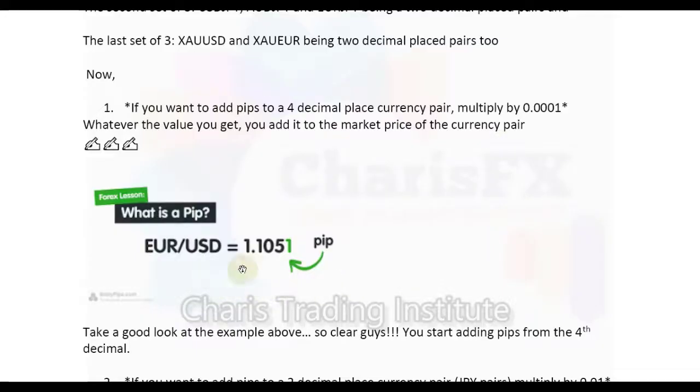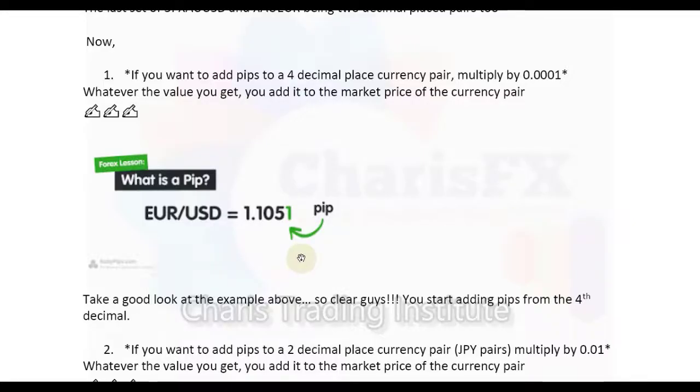For example, Euro USD is priced 1.1051. The last figure, or the 4th decimal point, is actually where the PIP movement happens. You have to understand this. So if you want to add, for example, 10 pips on this pricing, I will simply multiply 10 by 0.0001, and then I will directly add it using simple arithmetic.